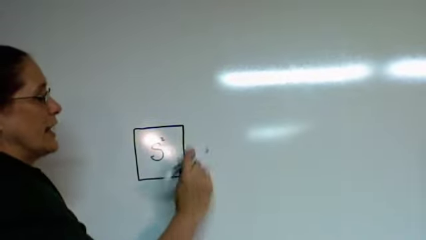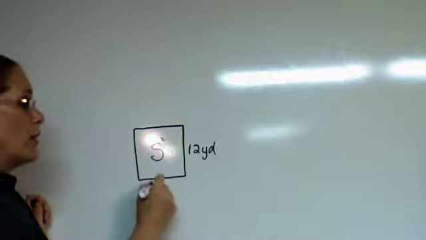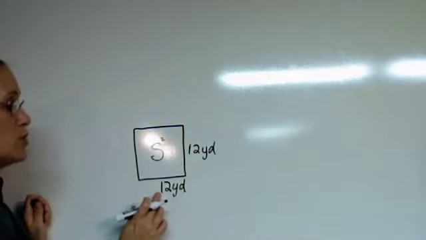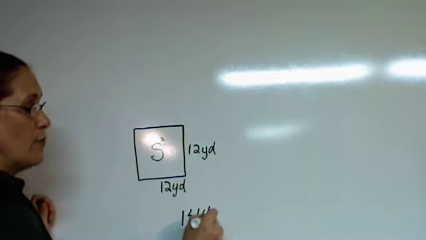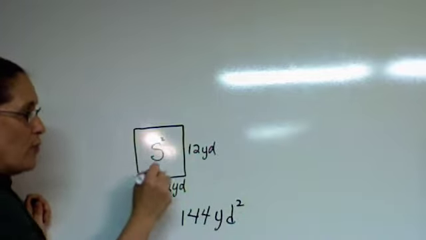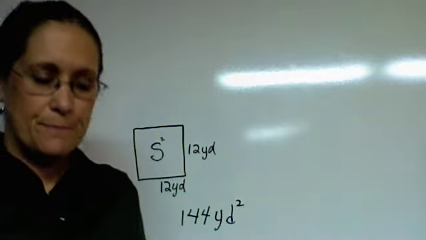Let's say that the length of this was 12 yards. Well, if it's a square, we know the width is also 12 yards. So it's 12 times 12, or 12 squared, 144 yards squared. Meaning it would take 144 square yards to fill up the inside of that area.